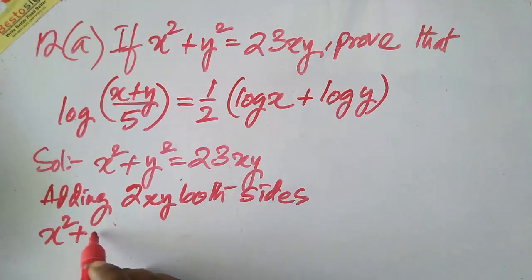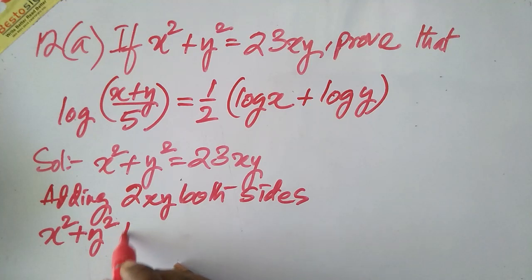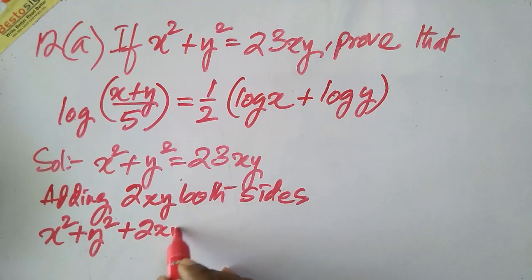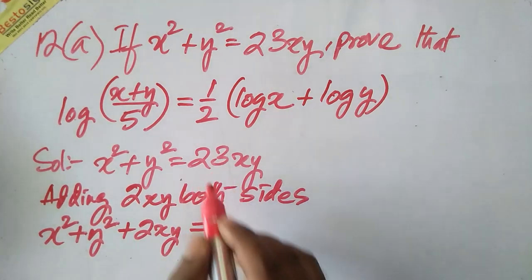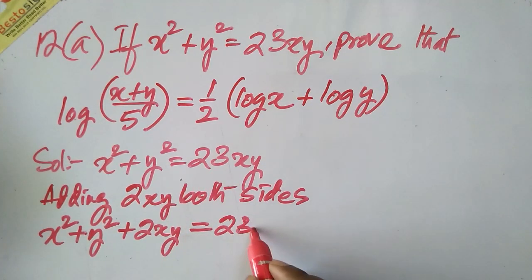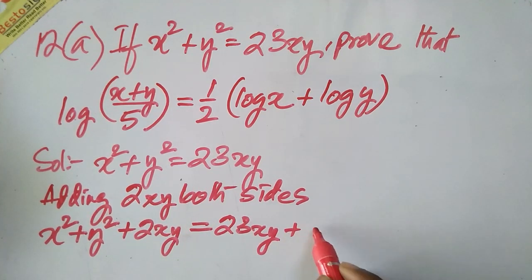X square plus y square is on the left hand side, so let us add 2xy to this. Remember that we will be adding it to both the left hand side and the right hand side. And 23xy plus 2xy.